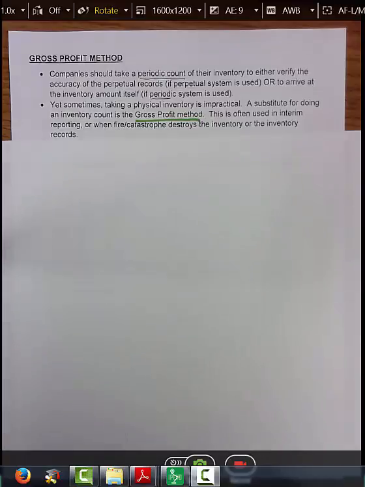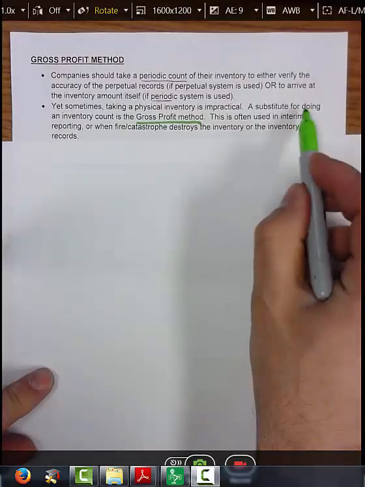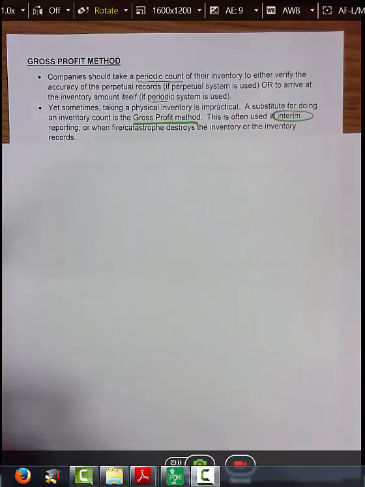It is unacceptable for annual financial reporting because it provides only an estimate. It can also be used if a fire happens or the inventory records are destroyed, but usually the main reason is quarterly or interim reporting.